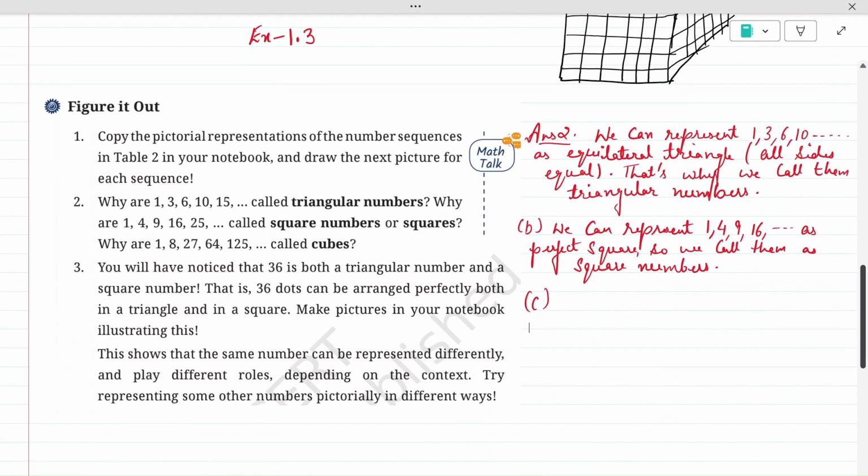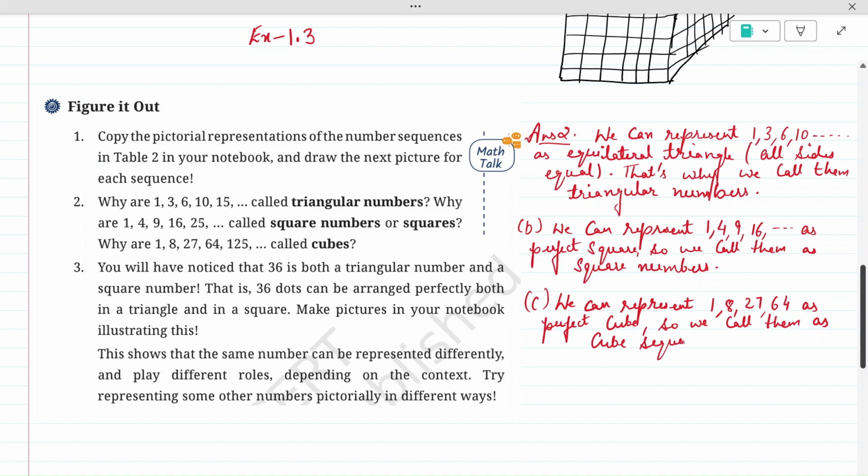So again here, we can represent 1, 8, 27, 64 as perfect cubes. So we call them cubes or the cube sequence, cube numbers and all.